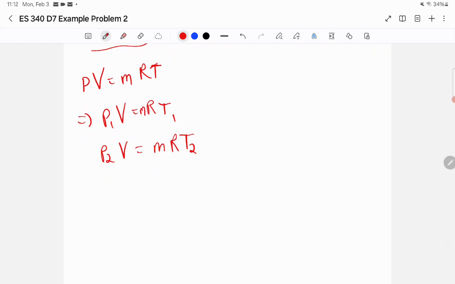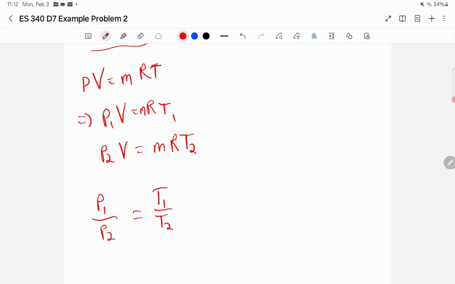We can take the ratio of these two things. Usually taking the ratio actually is going to be a useful thing that we can do. So since V is constant, that means that P1 divided by P2, right, because the V's are going to cancel each other, is equal to T1 divided by T2 in this case.